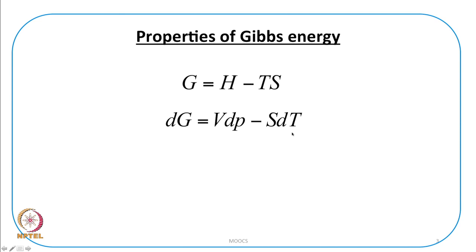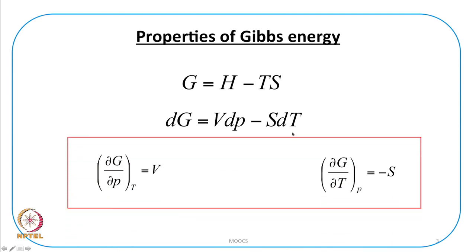If you fix the temperature constant, this term goes away. So, then what you have is (∂G/∂P) at constant temperature is equal to V. And if you hold the pressure constant, then this dP term vanishes. You have (∂G/∂T) at constant pressure equal to minus S.